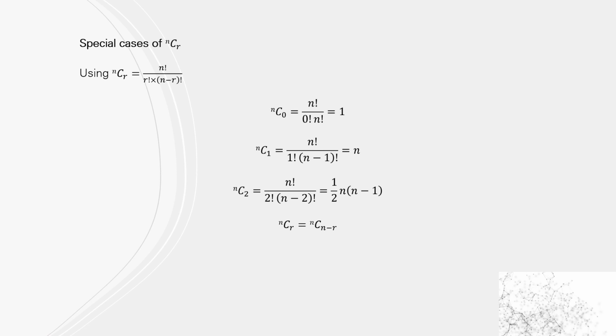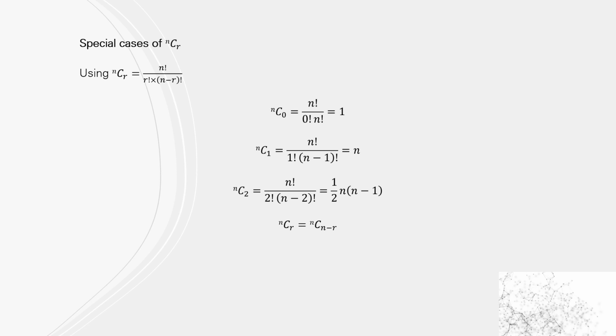Special cases to look at. So if we just work through our first three, nC0 is n factorial over 0 factorial times n factorial, which is always equal to 1. And we know that from Pascal's that the first number in the line of every Pascal's triangle is 1. nC1 is the second one in, and that is n factorial over 1 factorial times (n minus 1) factorial.